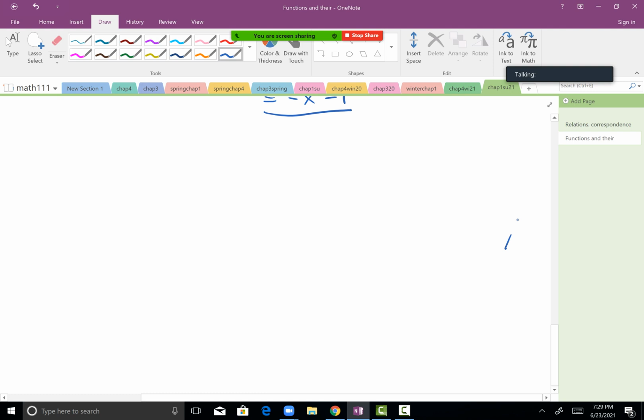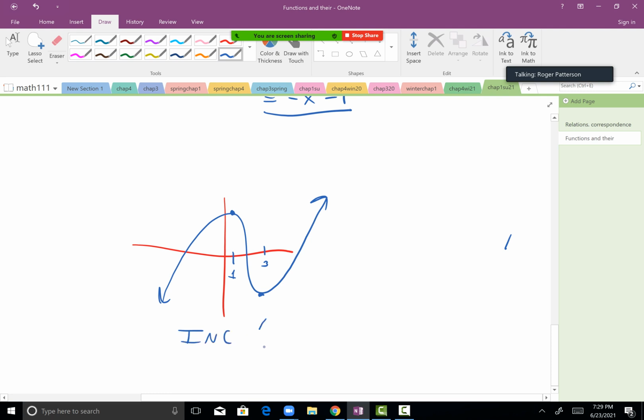There we go. So if I draw a graph, all right, like this. Okay, I'm just going to put a point right there. We'll call that 1. And we'll put a point right there. We'll call it 3. All right, so I would say increasing negative infinity to 1.